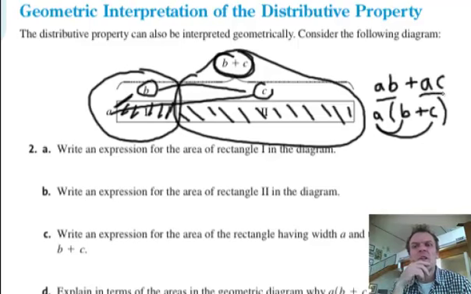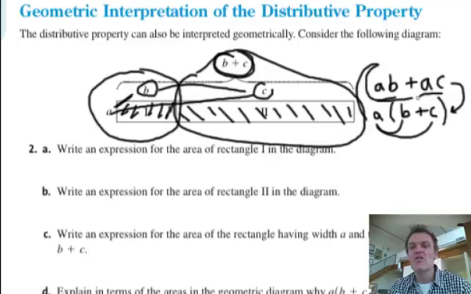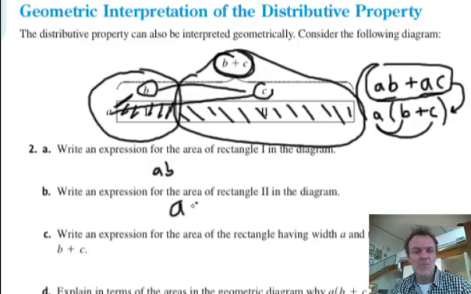For future reference, think about the fact that this one can become that one. Right now, we're doing the distributive law to create it in expanded form. We call it expanded form. Area for rectangle 1 was AB. Area for rectangle 2 was AC, just length times width for both of them.